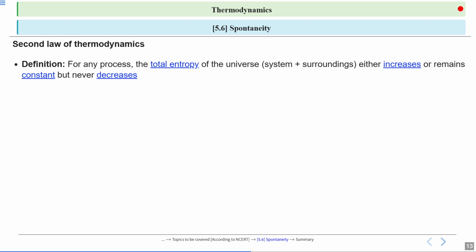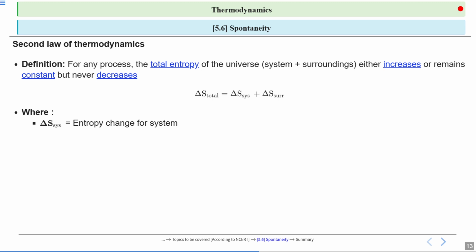So you have to consider the whole universe rather than the system. Now we can write it mathematically: total change in entropy will be change in entropy of system plus change in entropy of surrounding. So we have two parts, and for a process to be spontaneous, your delta S total should be greater than 0, right? So this was our conclusion.